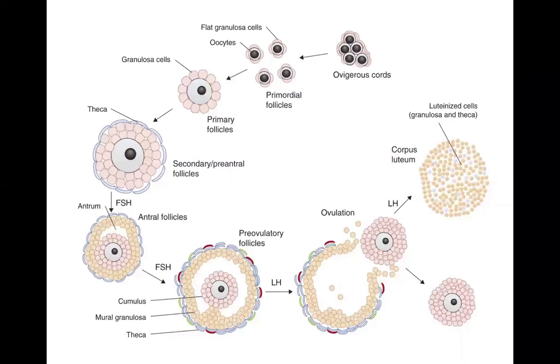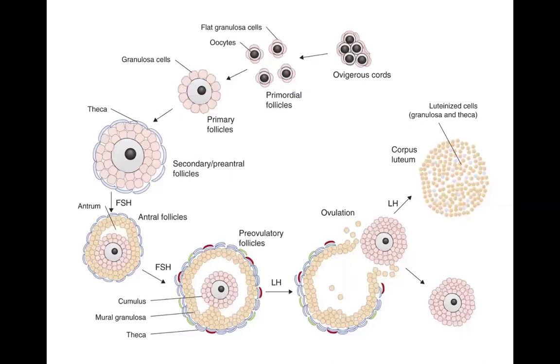Although many follicles may begin to mature during each ovarian or menstrual cycle, typically only one single follicle sustains its inherent gametogenesis potential. So the gametogenic potential to produce the gamete and to let it go out of the ovary, only one or a very few number have that potential.